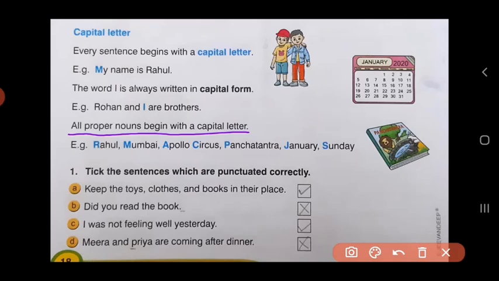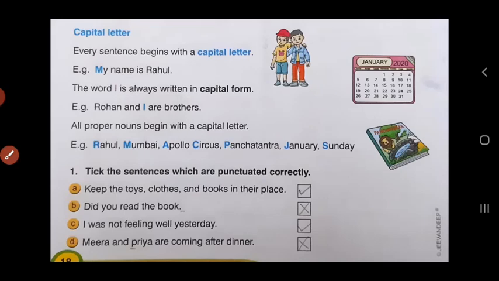So here, if you see, Rahul is a name, Mumbai is a name, Apollo Circus, Panchatantra is a name of a book, January is the name of a month, Sunday is the name of a day. So all these are proper nouns, and that's why all of them, if you see, start with a capital letter. So remember, whenever you are writing names, they have to be written with a capital letter.